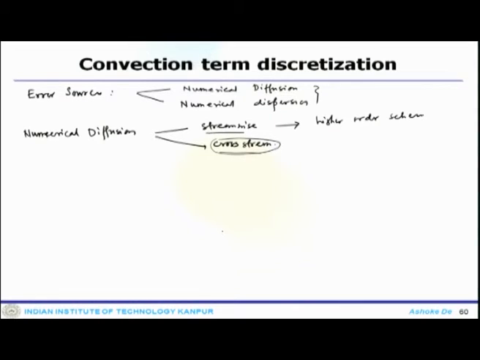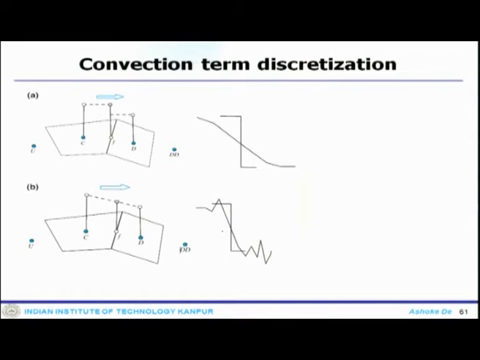interpolation profile. But what would happen once you do that, we will see. This is the prime example of numerical streamwise diffusion.